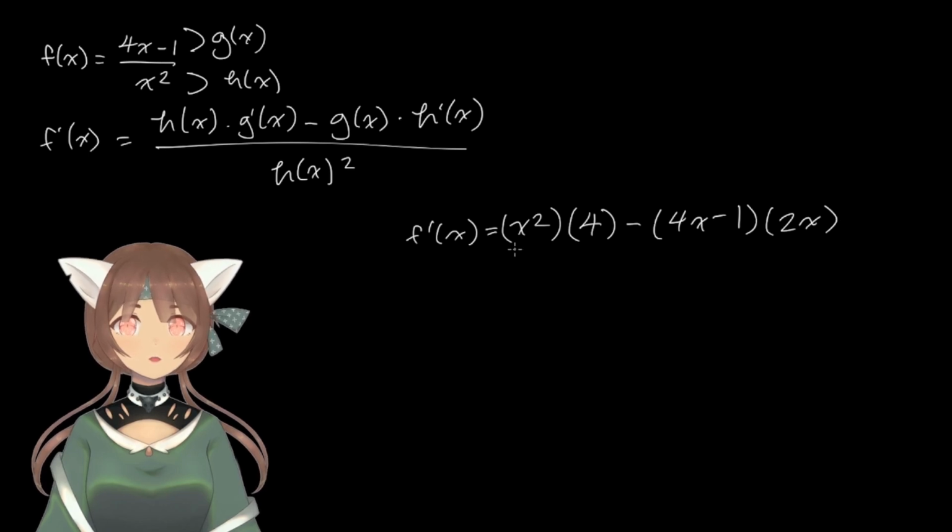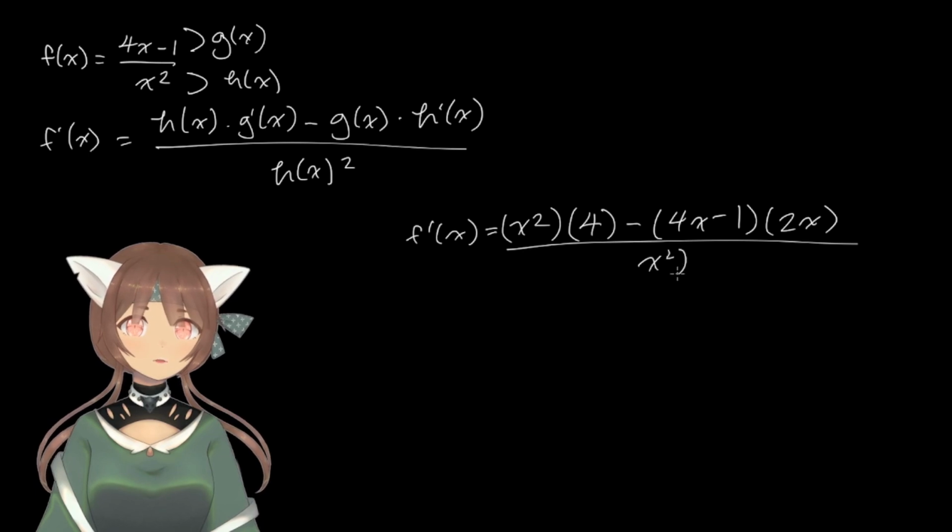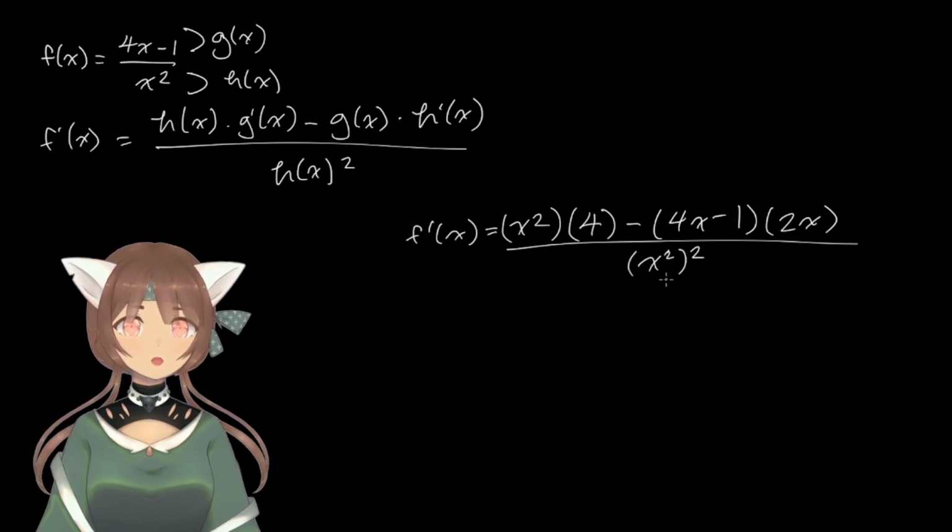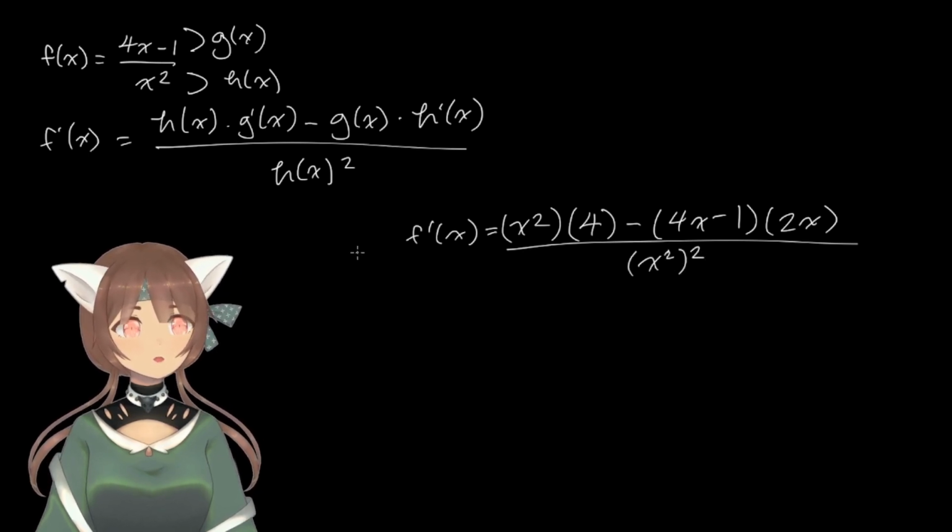We're going to square the bottom, which is x squared squared. And off we go to simplification.